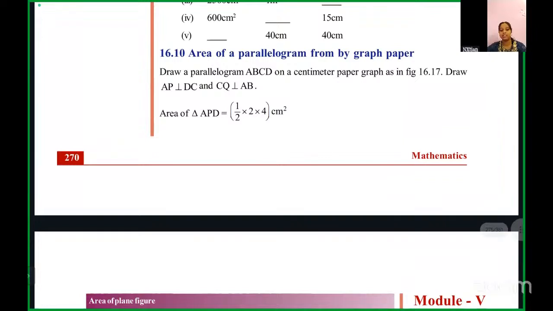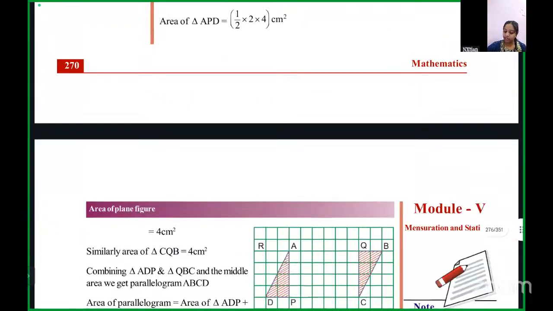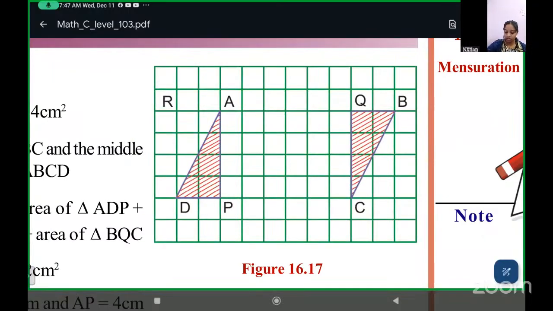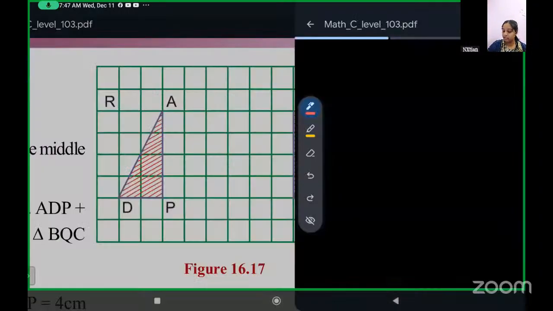Graph method. This is the area of a parallelogram by the graph method. In this method, a parallelogram is drawn on a graph paper. If you take a look at this figure, can you all see a parallelogram?